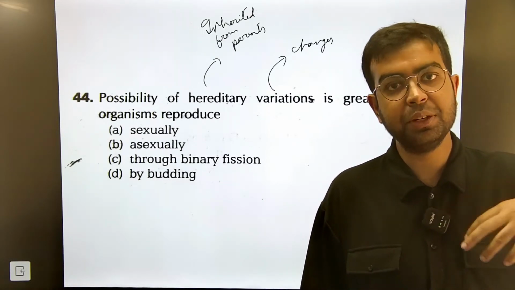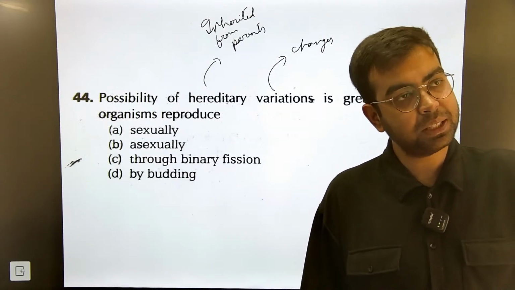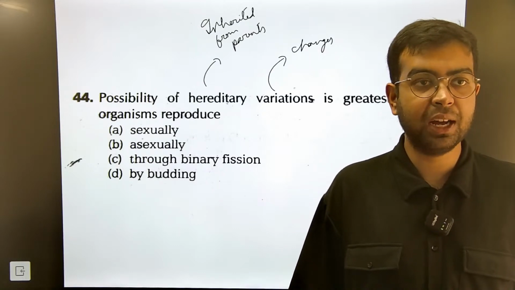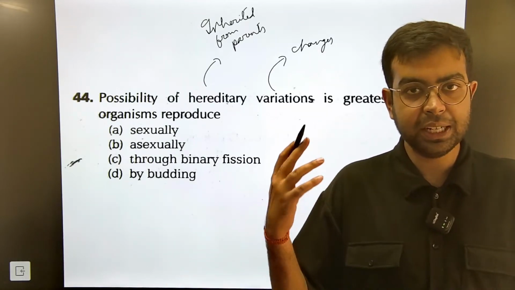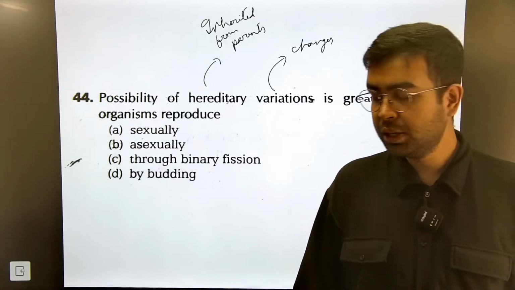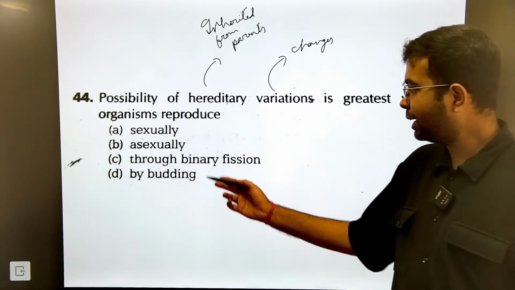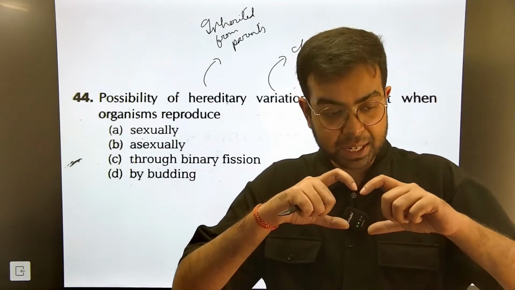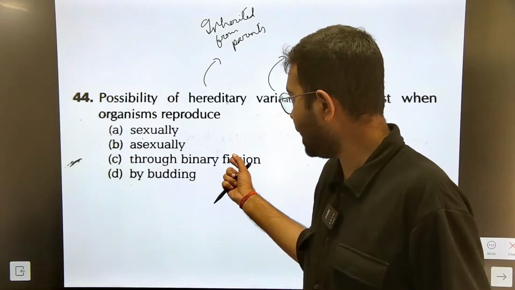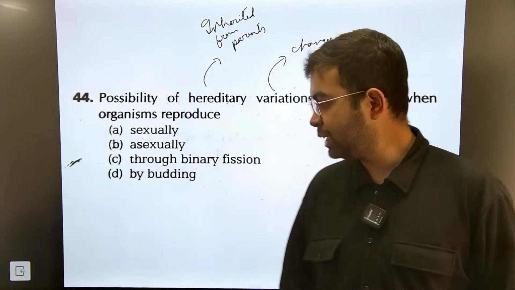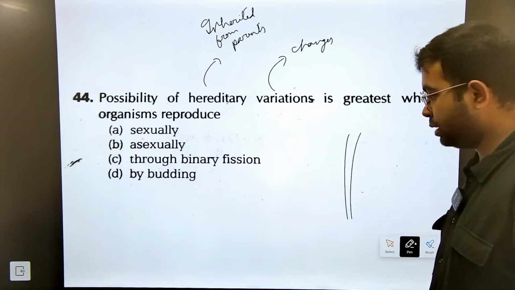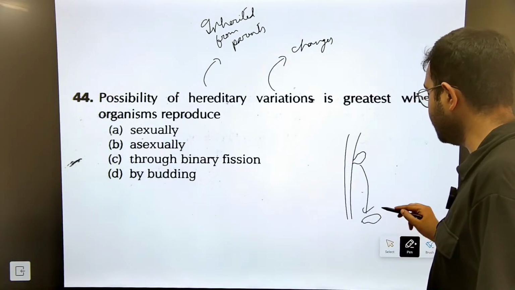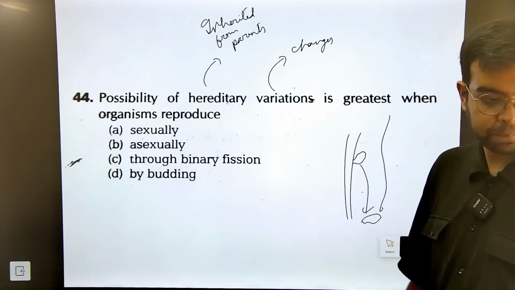If only one parent is giving birth to a baby, then the baby will be same as that one parent only. दूसरा पेरेंट का तो इन्वॉल्वमेंट है ही नहीं, है ना। उसका शक्ल, सर, दिमाग, हाथ पैर, स्किन कलर, हाइट, everything will be same as the parent only. बट अब आता है बाइनरी फिजन एंड बडिंग। See, binary fission means breaking down into two parts, that is known as binary fission. And then you have budding. Budding means suppose there is a plant, ठीक है, from the plant some extra buds grow out, and after some time these buds fall down and they grow into a fully grown plant, ठीक है। This is known as budding.